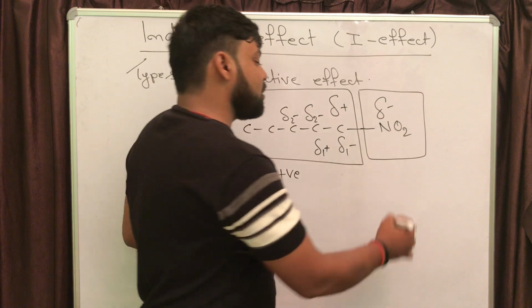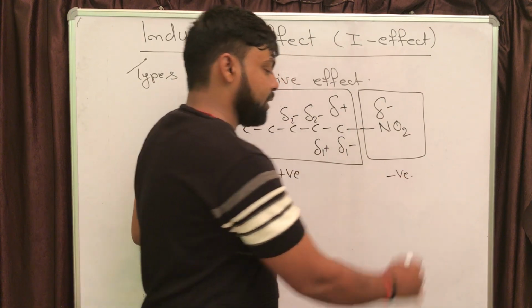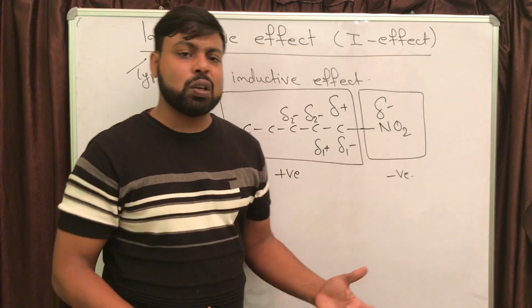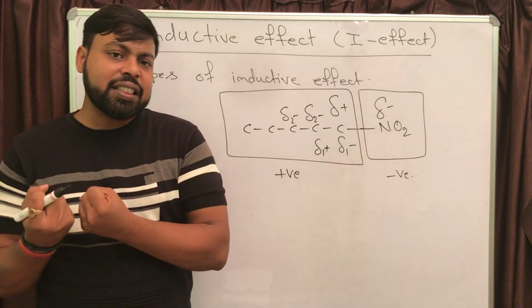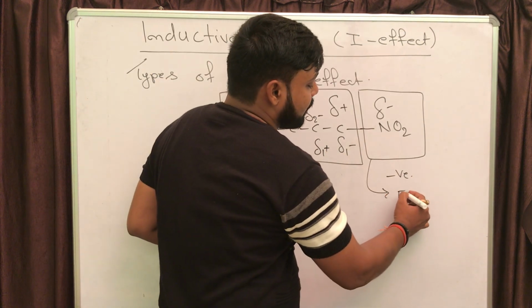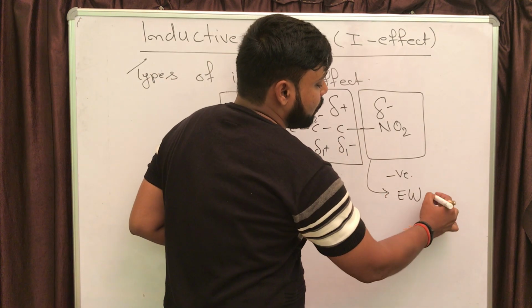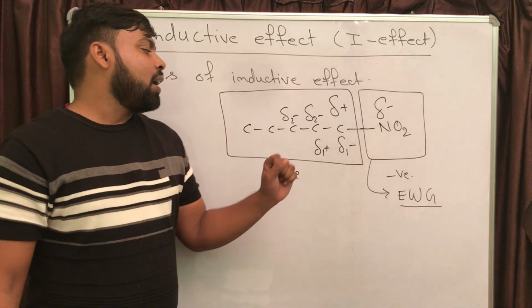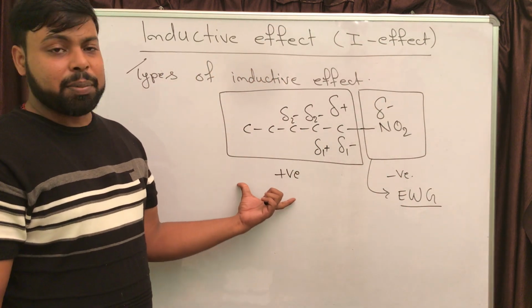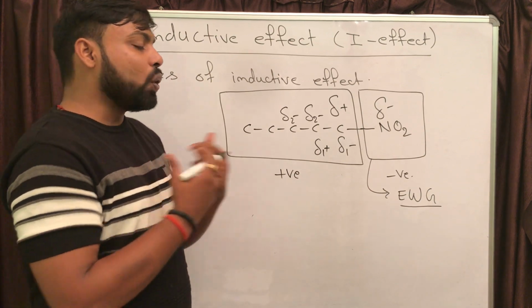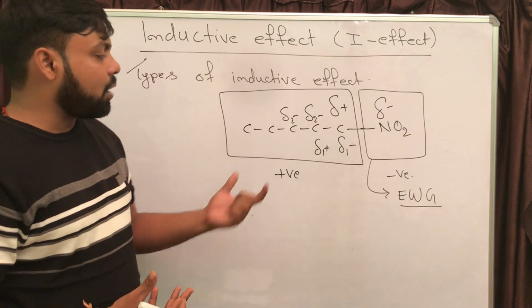And this polarizing group has negative charge. So the portion or polarizing group which is withdrawing the electron is known as electron withdrawing group. And here the carbon chain is overall donating its electron towards the nitro group.